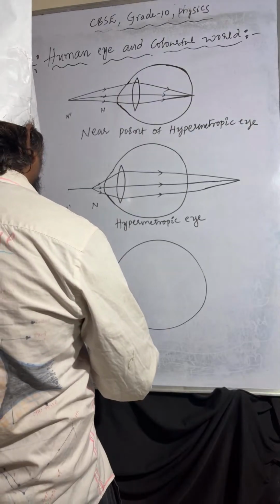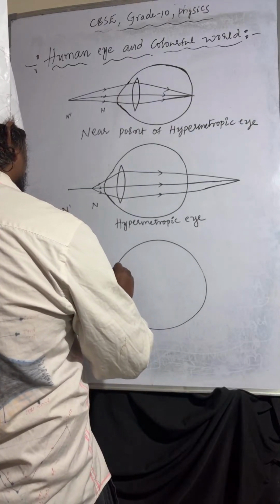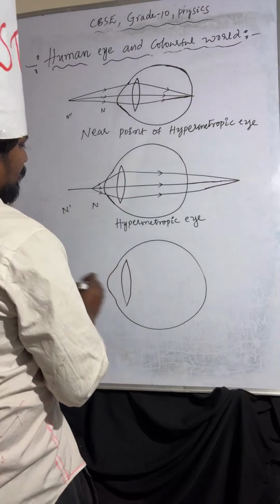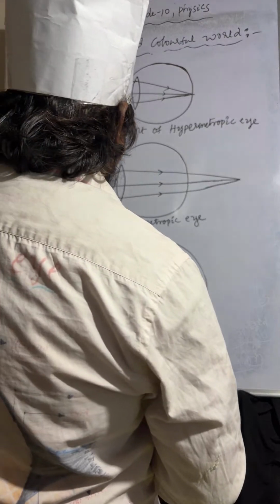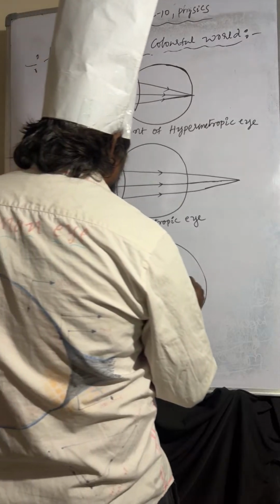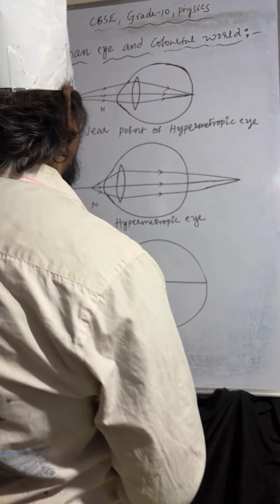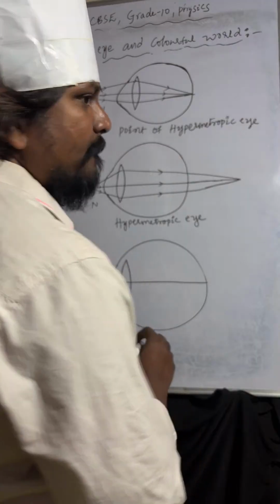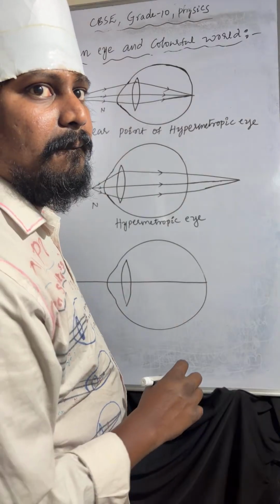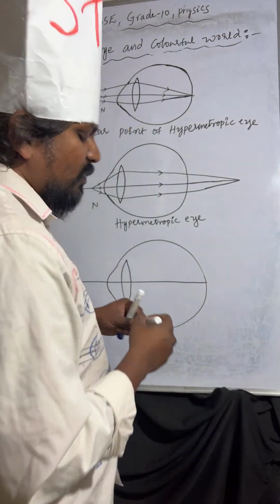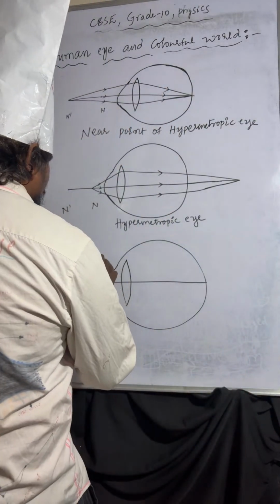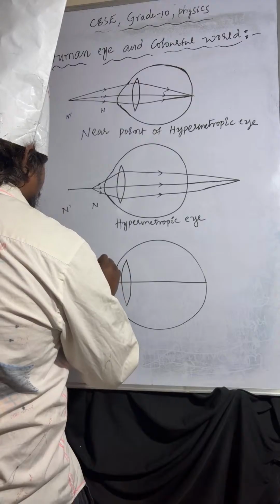Now I am saying, light ray is passing like this. With this lens I'm taking here, we are using a convex lens. You can see here, this is a convex lens.